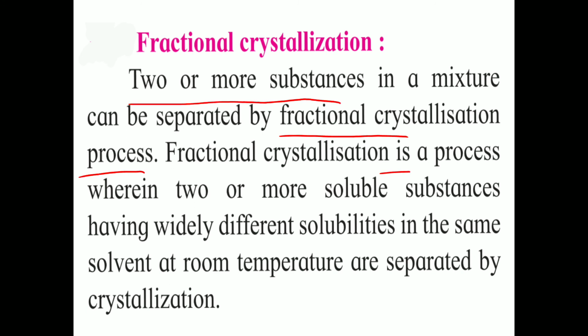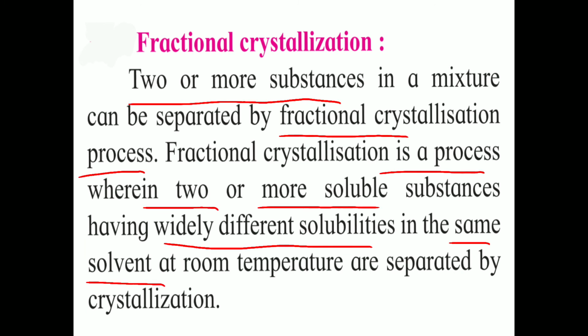Fractional crystallization is a process where two or more soluble substances having widely different solubility in the same solvent at room temperature are separated by crystallization. This is the definition of fractional crystallization.